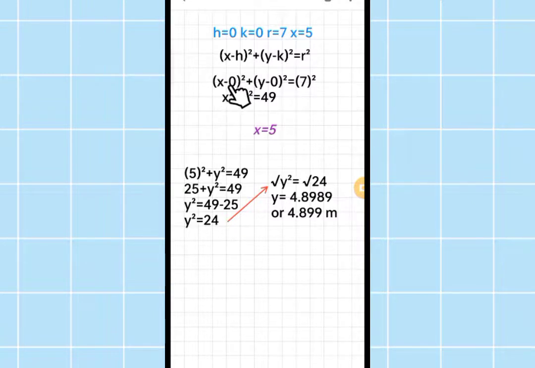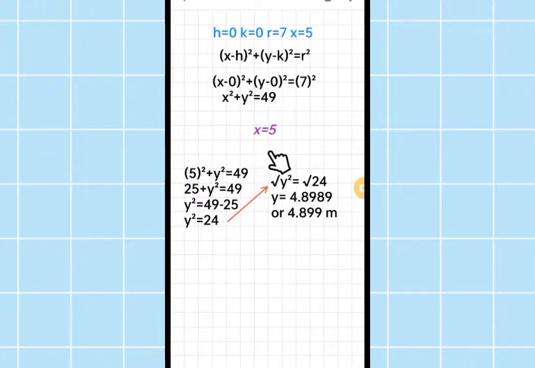So (x − 0)² + (y − 0)² = 7². Now we will simplify. Since subtracting 0 changes nothing, we just write x² + y² = 7 times 7, which is 49.